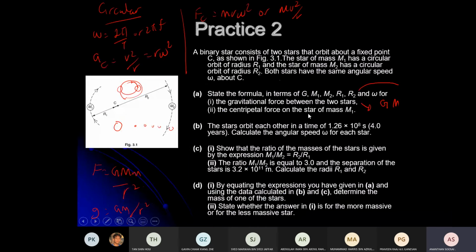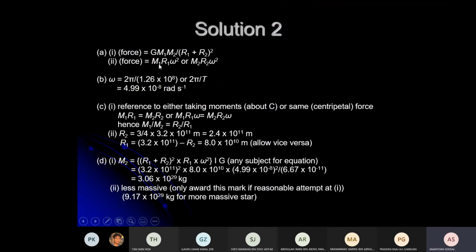Next, what is the centripetal force on the star M1? What is the centripetal force formula? Centripetal force is m r omega squared or mv squared over r. Because here they give it in terms of omega, they want it in terms of omega, so we go for m r omega squared. Centripetal force on star M1 is M1 R1 omega squared.